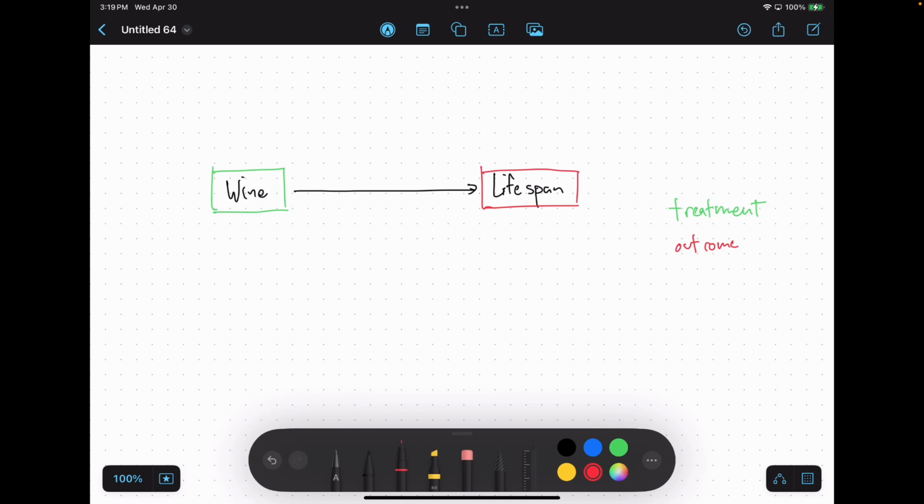But I should say when I run this experiment, we would want to do what's known as a randomized control trial, right?